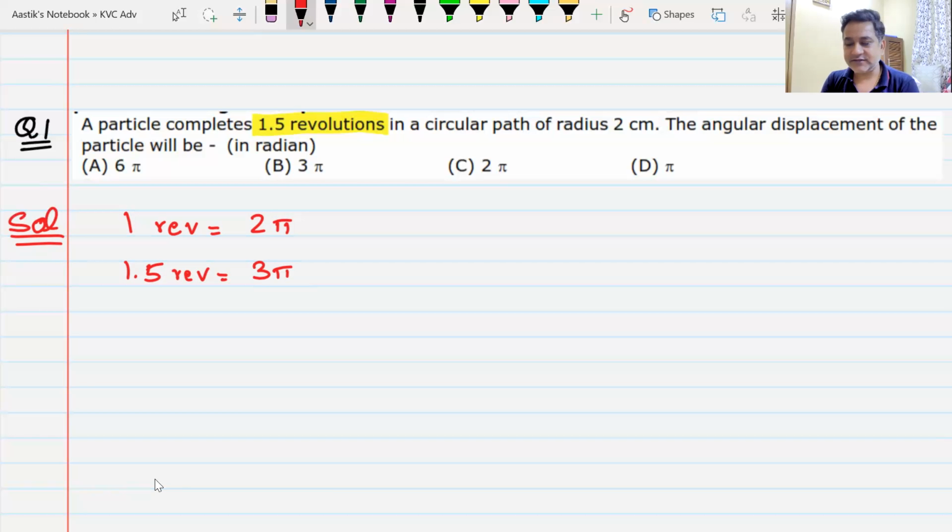Do we understand this? Simple things, please remember them. One revolution is 2 pi. That was the reason I gave you this question.